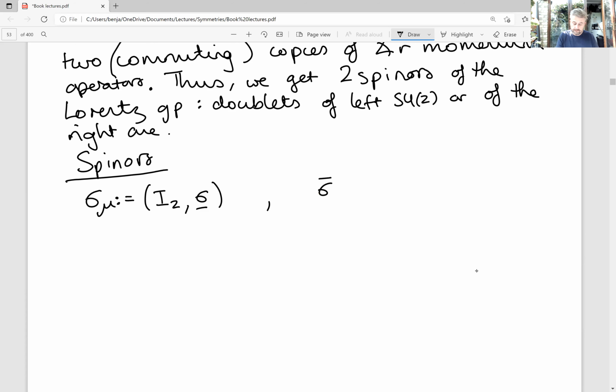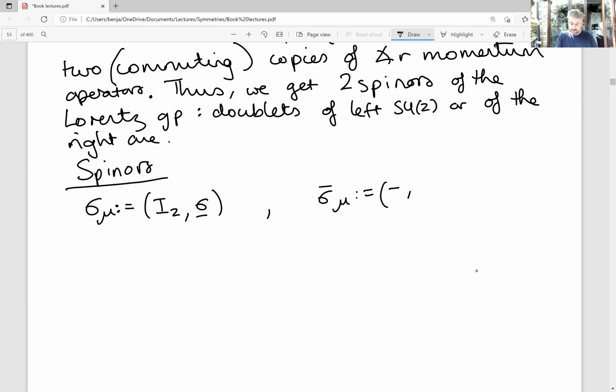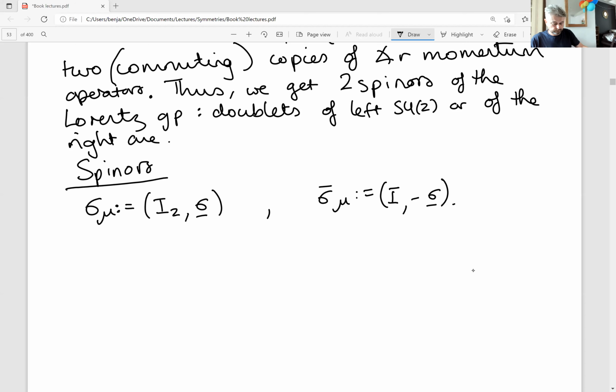And sigma bar^mu is defined as I and minus sigma. So notice that these are Hermitian. The Pauli matrices are Hermitian.